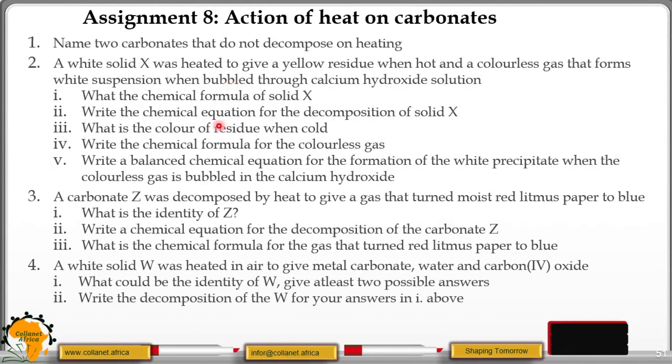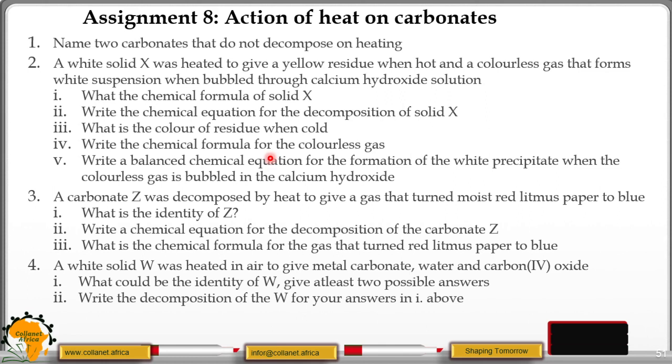Assignment 8 is testing on the action of heat on the carbonates. So answer all the questions in this assignment. You can use the answers provided in the Word document accompanying this video to mark for yourself.